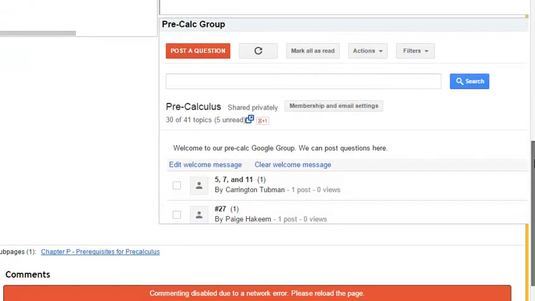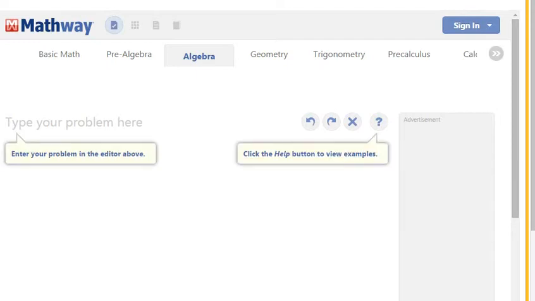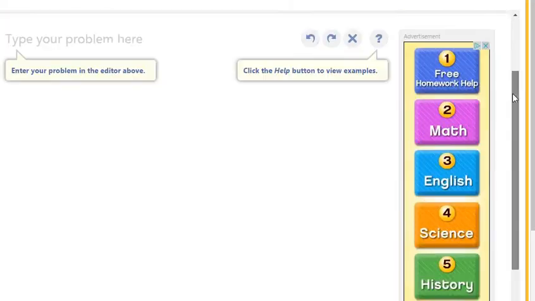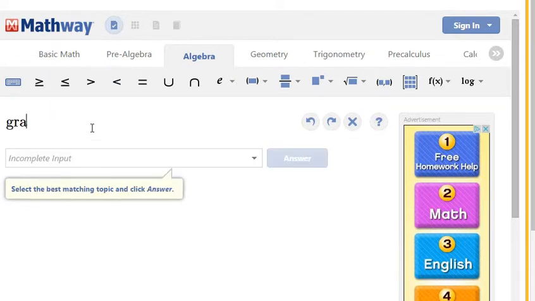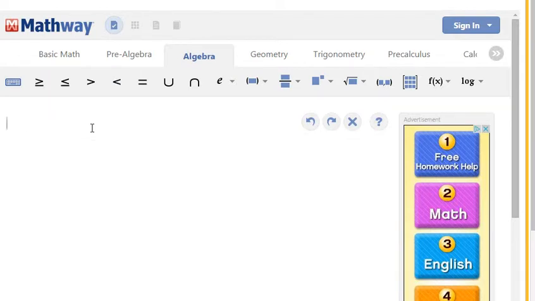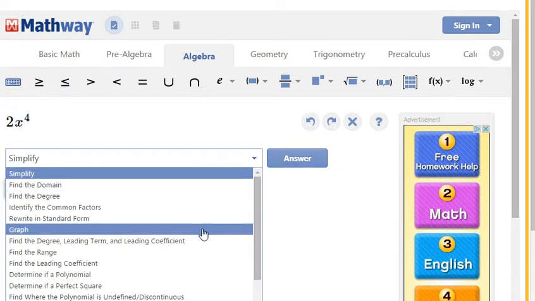So, now as I graph this, I'm going to enter in 2x raised to the 4th, and then I'm going to choose graph.